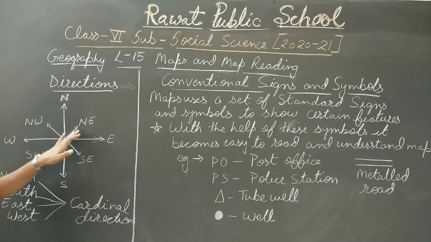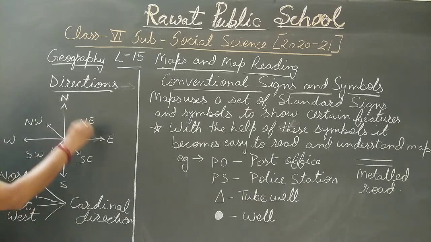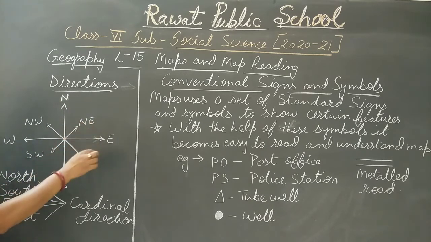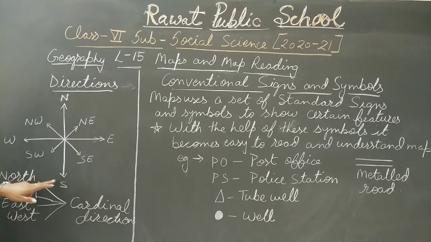Now there are also sub directions, or we can say intermediate points. Between north and east is northeast, between south and east is southeast, between south and west is southwest, and between west and north is northwest.